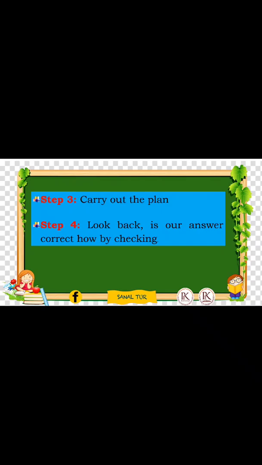How are you going to do that? You check your answer. So if you've done addition, how are you going to check? You apply the opposite of addition, that is subtraction. If you have done subtraction, you apply the opposite, that is addition. Okay, so we go to the example. So let's go back to the problem that we have read a while back, all about mother.